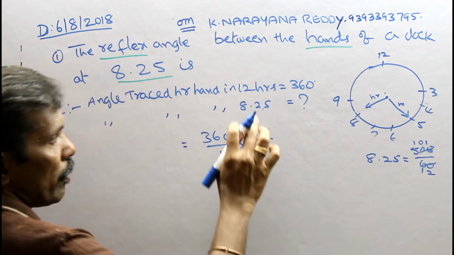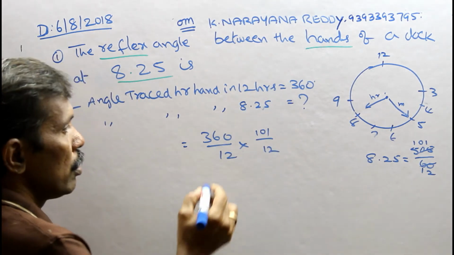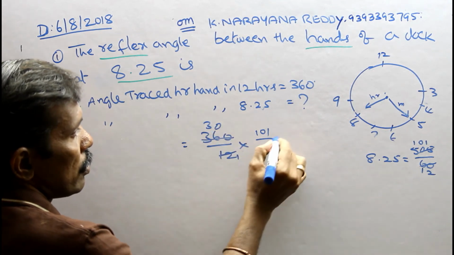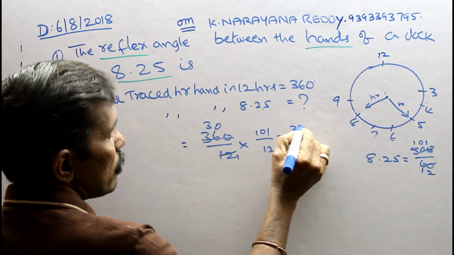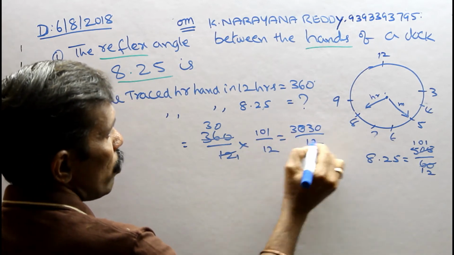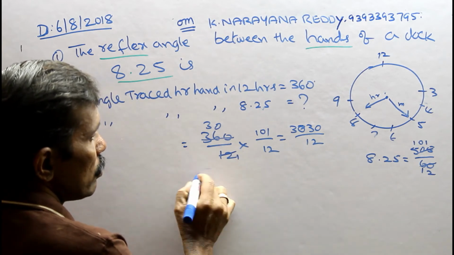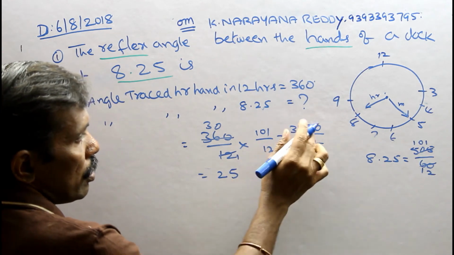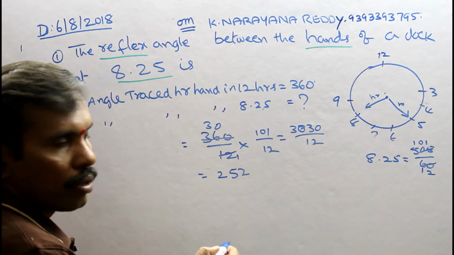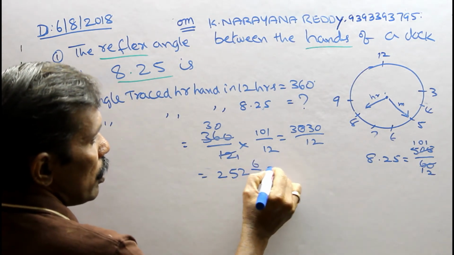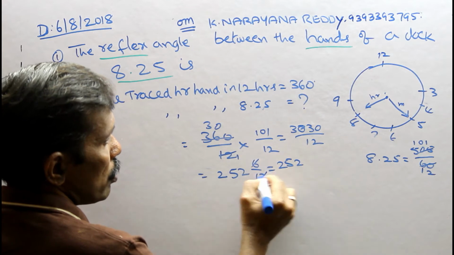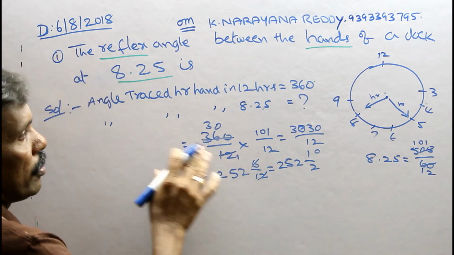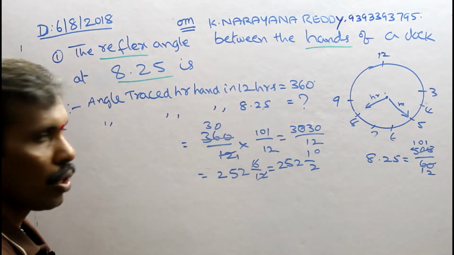So this is converted into degrees. 360 by 12 into 101 by 12. What do you get? 252 1 by 2. That is the angle made by the hour hand at 8:25.